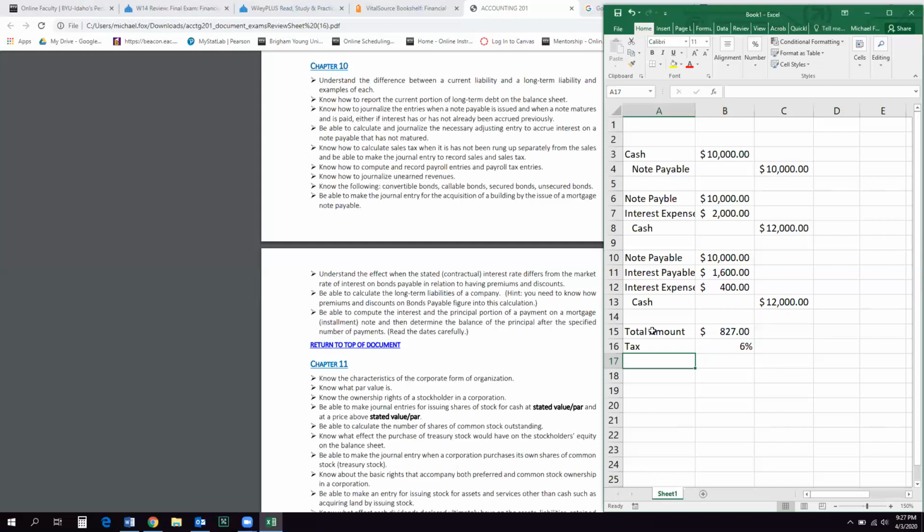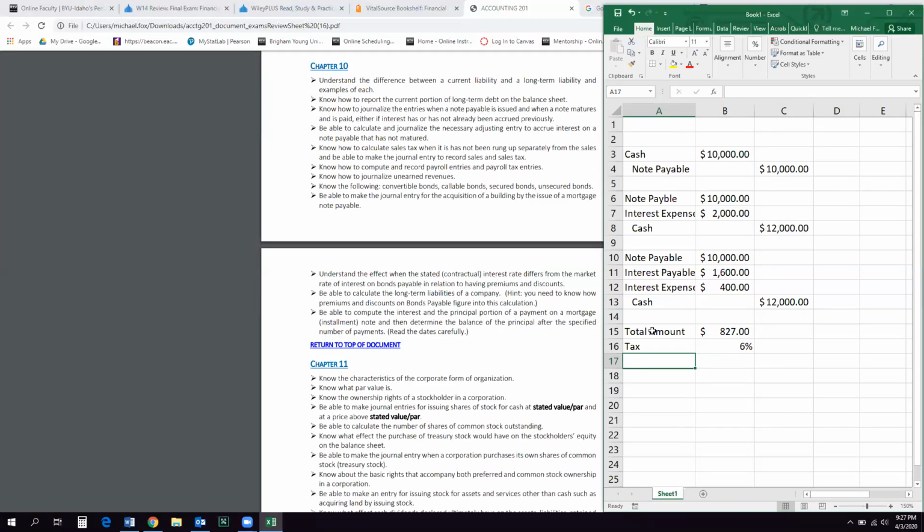We're supposed to figure out how much of that $827 was tax, and how much was the money that's ours for the goods we sold. The formula looks like this: the cost of the goods we sold times 6% would be the amount of tax.